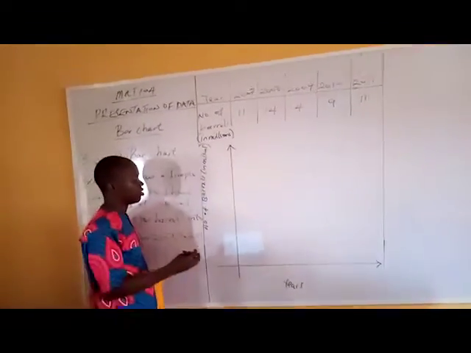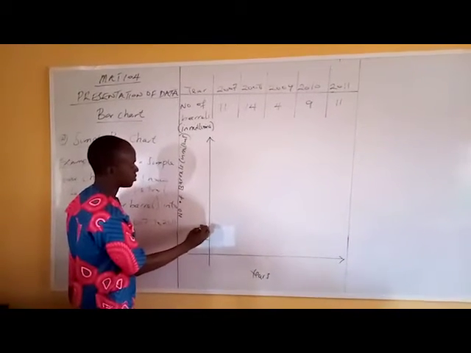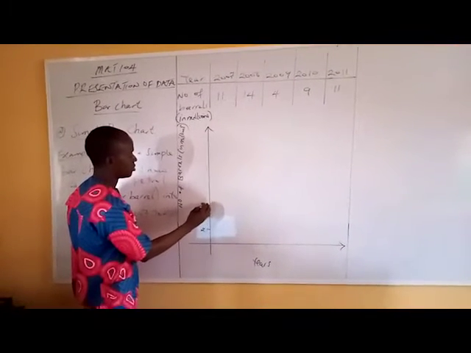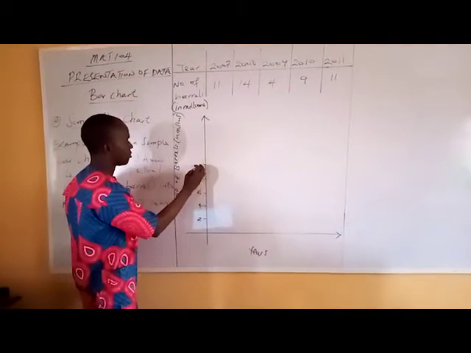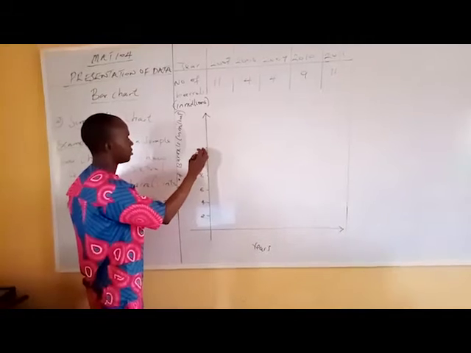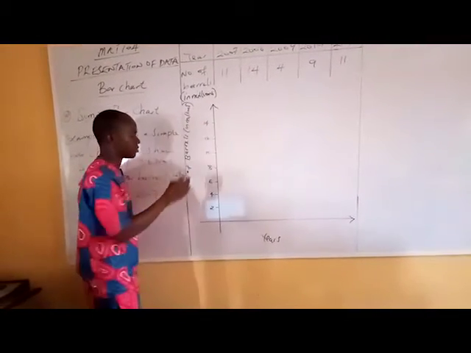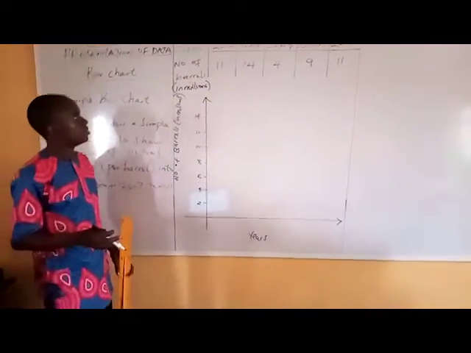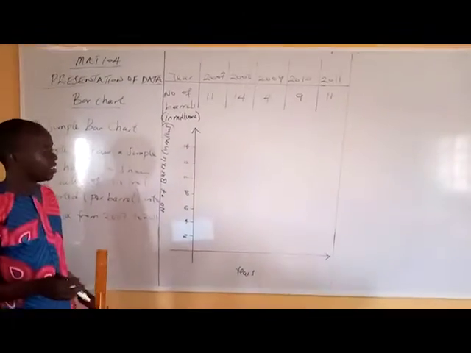So if I take a scale of 2, I can have 2, 4, 6, 8, 10, 12, 14. So in 2007, there are 11 barrels.